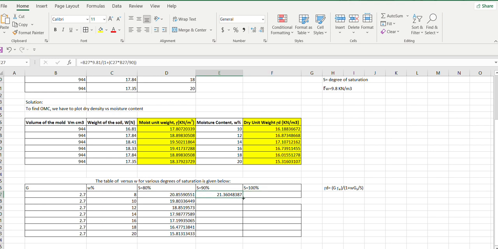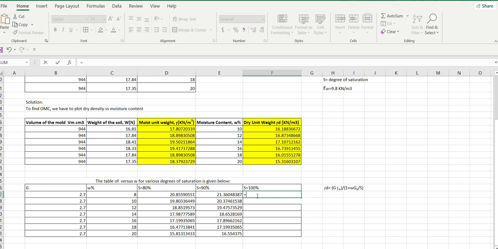And for degree of saturation equal to 100%, we can do the same. G times 9.81 divided by 1 plus G times w, that's 8, divided by 100.